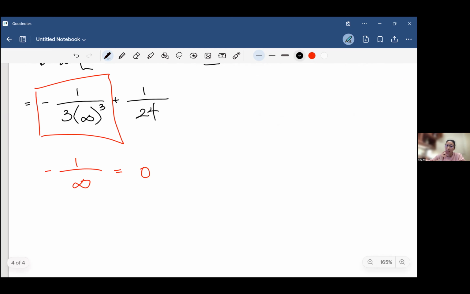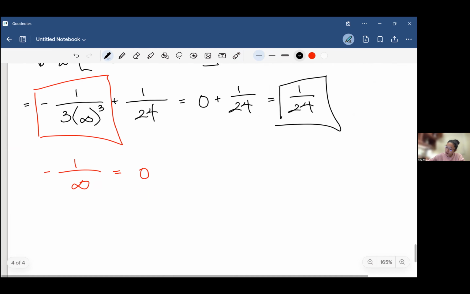Okay, so we take one thing, we cut it up into an infinite number of pieces. Each piece is just going to be 0 in size. It's going to be really, really small. That means we have 0 plus 1 over 24, which is just 1 over 24.